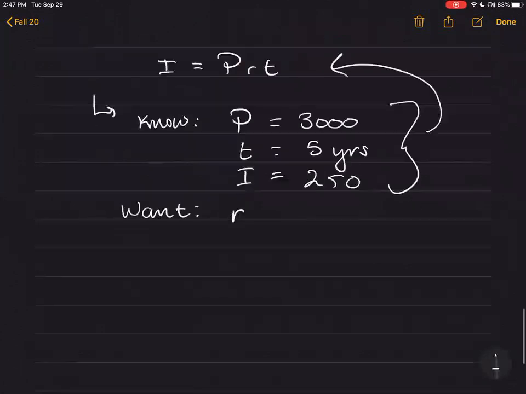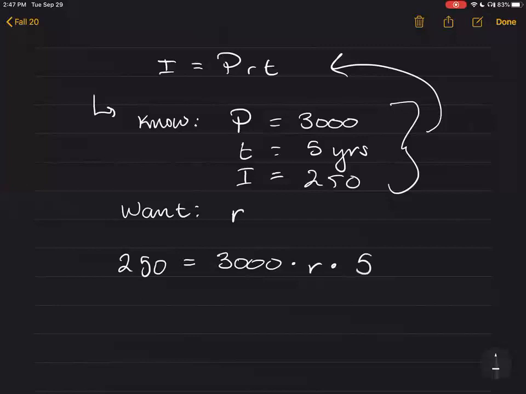So then I equals PRT becomes 250 equals 3,000 times, just so I don't confuse anybody, R times 5, right?